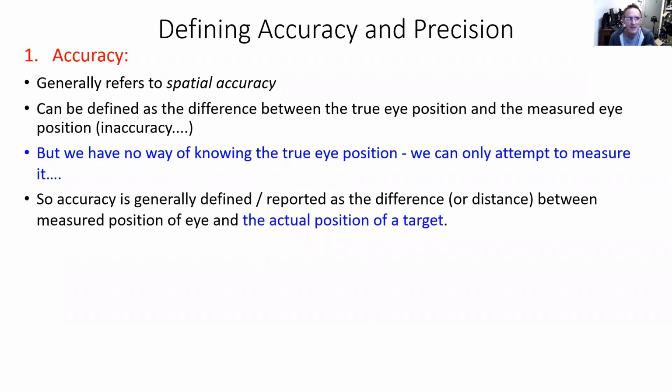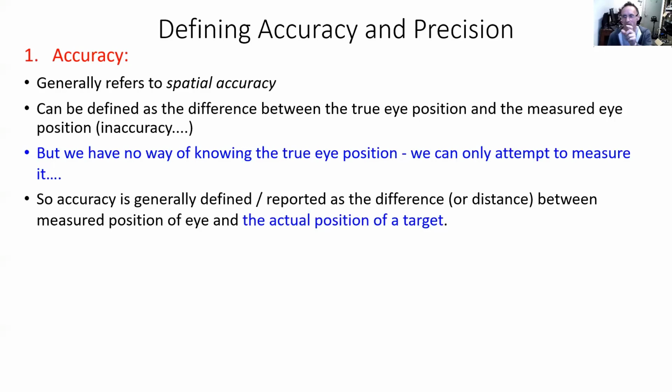Well, the way people get around this is to generally define accuracy as the distance between where the eye tracker says somebody's looking and where a target is on the screen. In other words, where we hope that they're looking. So we draw a target in the center of the screen, we know its pixel coordinates, and we know what pixel coordinates the eye tracker is telling us the person is looking at.